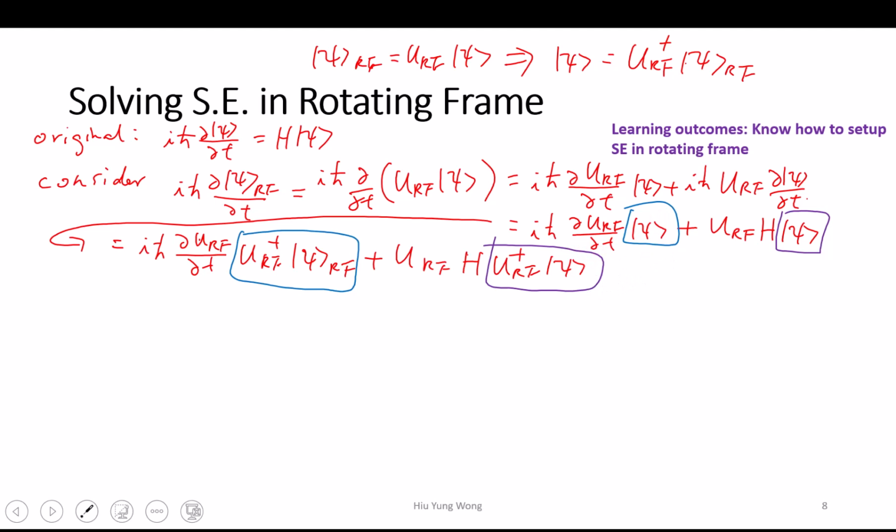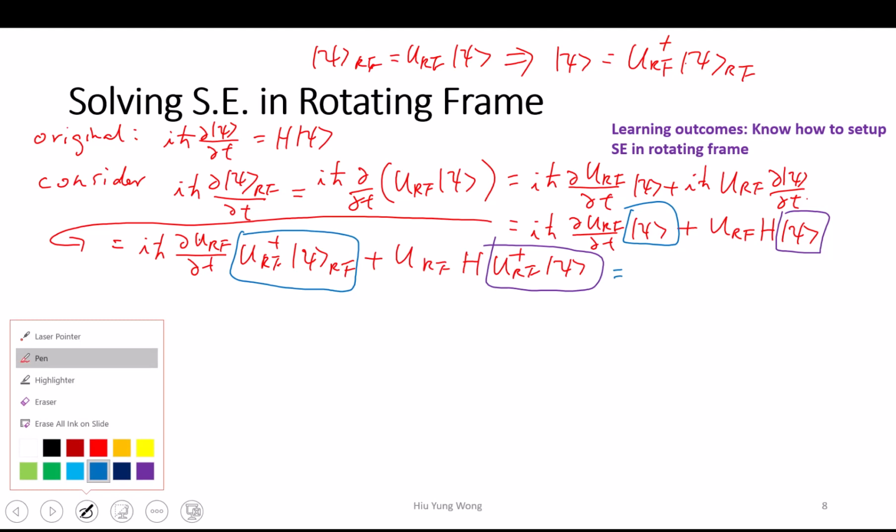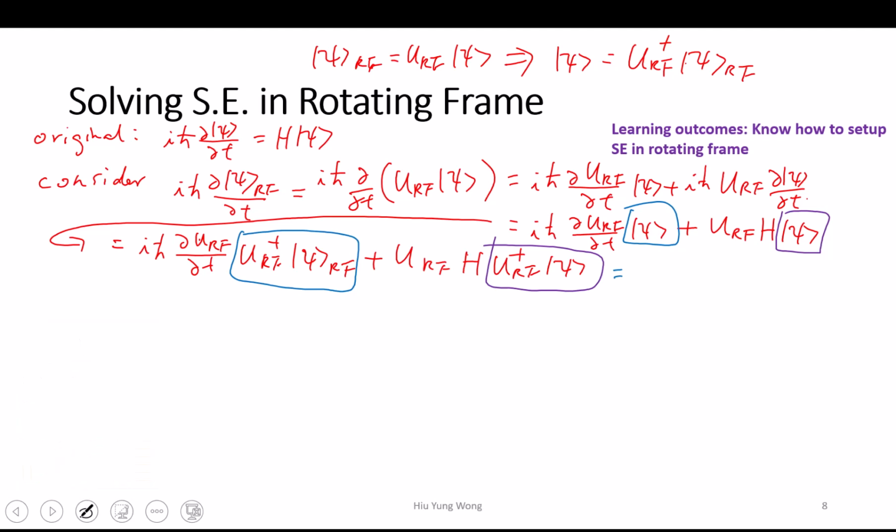Okay? And I'm going to group them. Let me use another color. This is i h bar partial U RF partial t, and I keep the U RF inside, right?